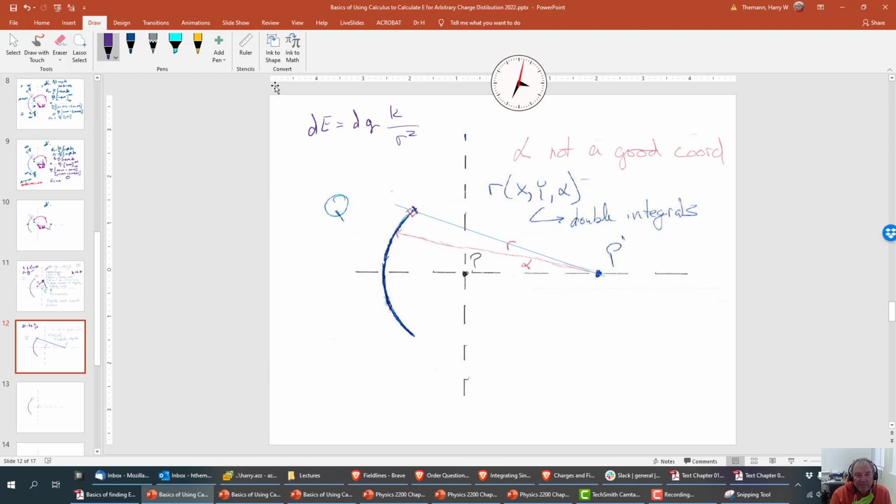So we'd have to come up with some different variable of integration. And we could try, but that wouldn't work. So probably we'd have to do an integral in x and an integral in y. But that's pretty darn complicated, and one wouldn't expect that you would be expected to do that in Physics 2200. All right, there we go.